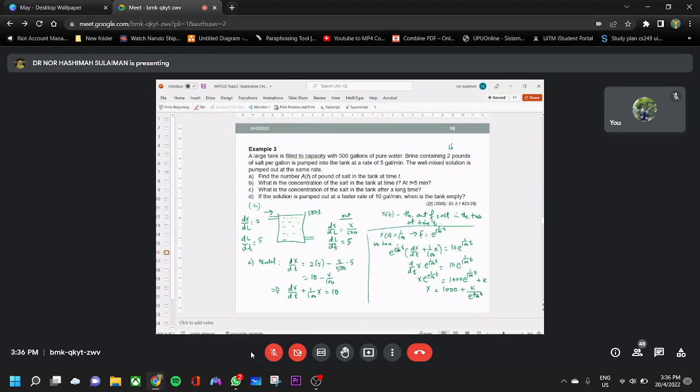Alright. Okay. Lepas tu macam mana nak cari k? Initial value. Yelah, apa initial value dia? Okay. Pure water. So x(0) equals to 0. So what is k then? Negative 1000. Yeah. Alright. So the model becomes what?